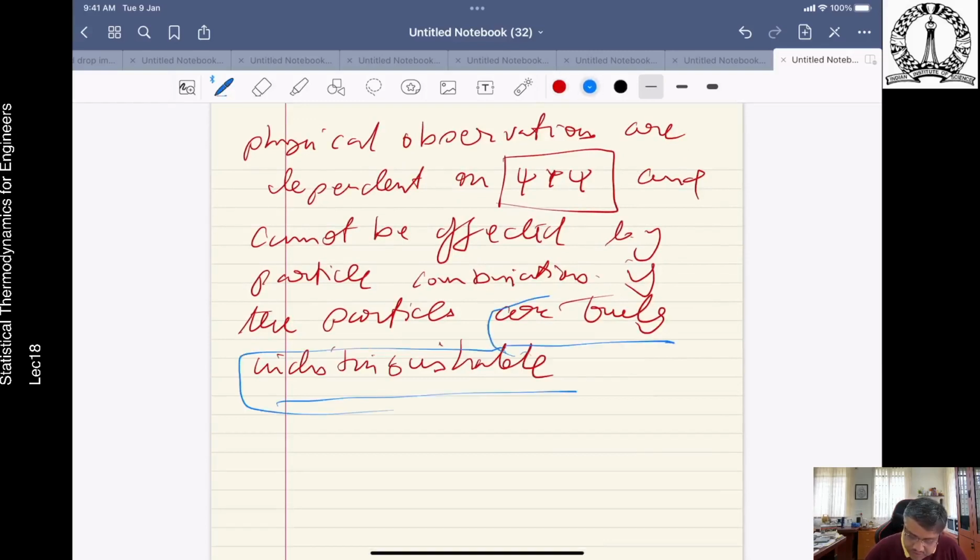The particles are truly indistinguishable. This can be guaranteed.